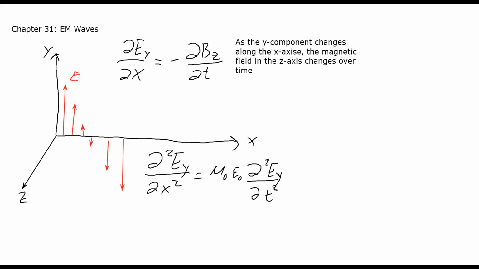Okay, to get to this equation, there was a lot of differentiating, and I had to do a couple of substitutions using Ampere's law here. But what this is, and I don't think you've seen this yet in your classes, is essentially the wave equation.